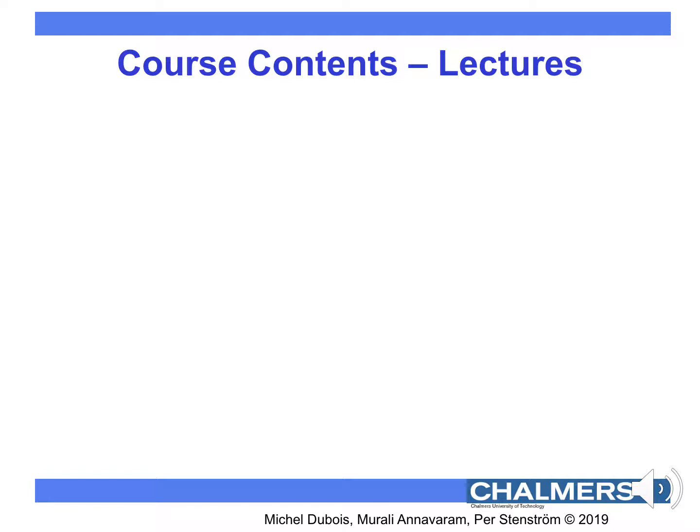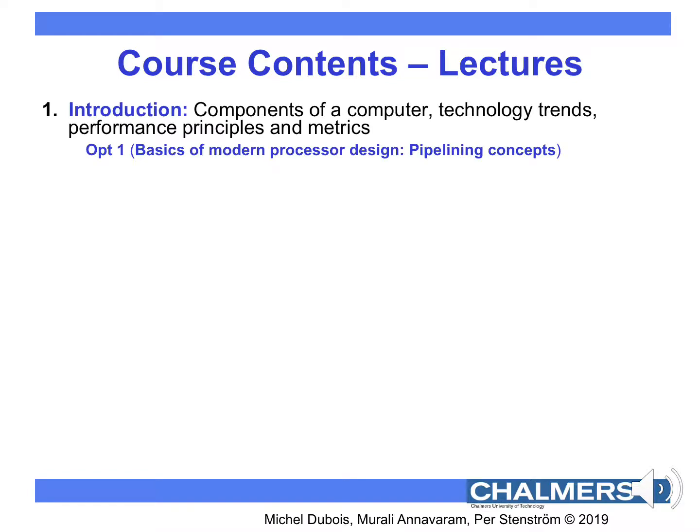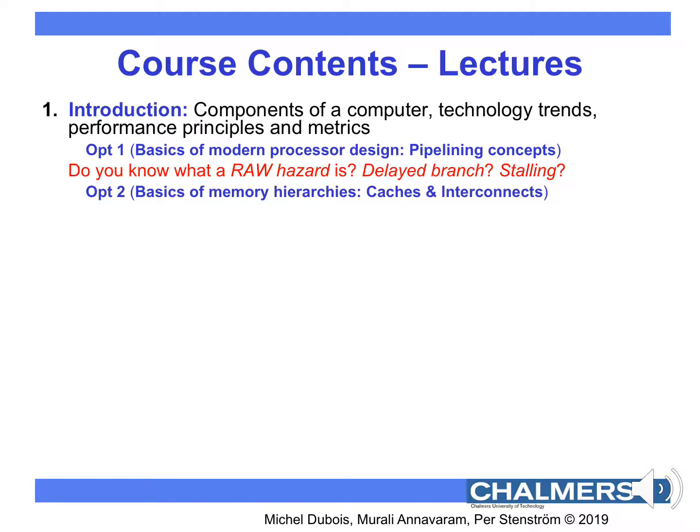As for the course contents, there are 7 lectures, as I already said. We are going to start with lecture 1 right after this video module. And this week, the first week that is to say, I will also offer 2 optional lectures.